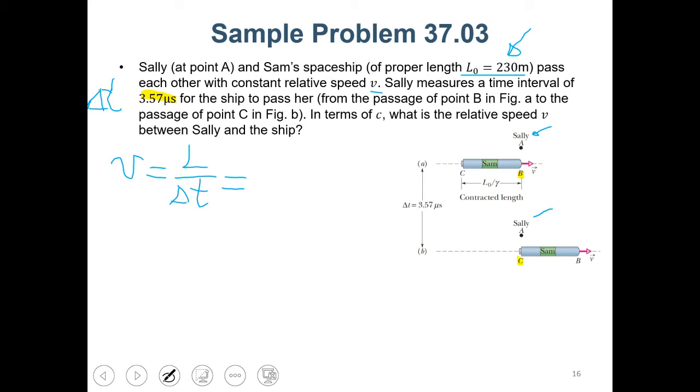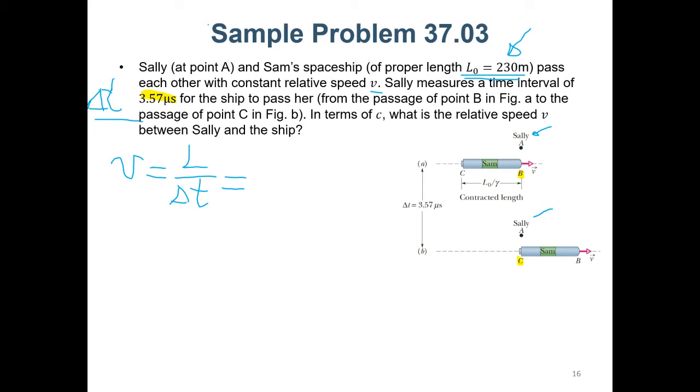So we must either convert this one to the contracted length in Stacy's reference frame, or turn it into the proper time.